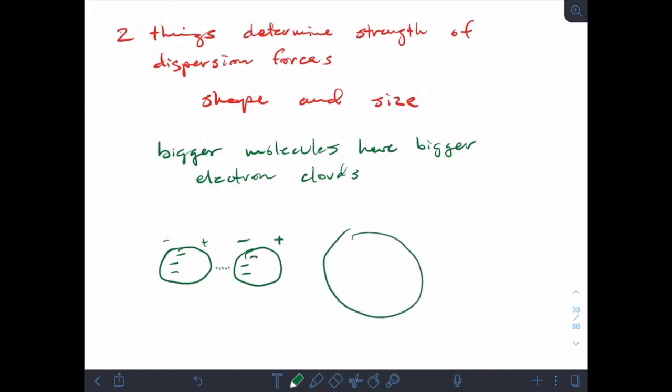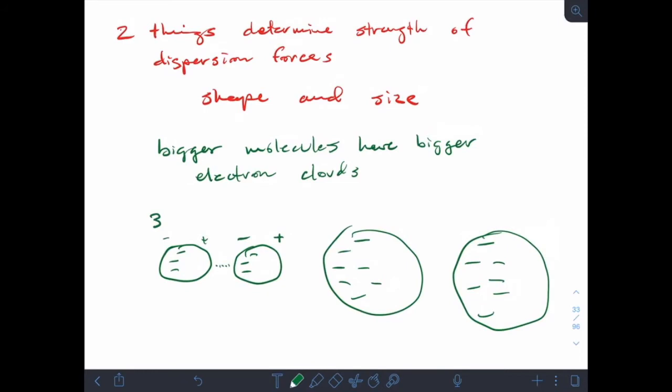Or I've got a bigger molecule, right? Over here I've got 3 negatives. Over here I've got 7 negatives.